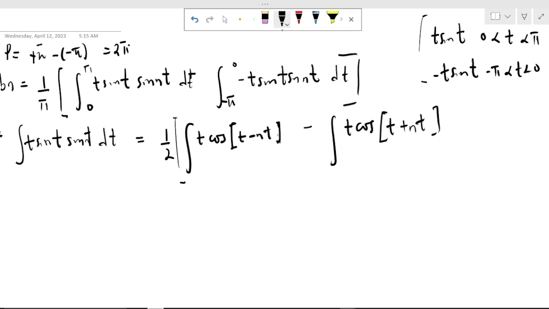So to make our work easier, let's find the integral of either of these. So let's find the integral of t cos of t minus nt.